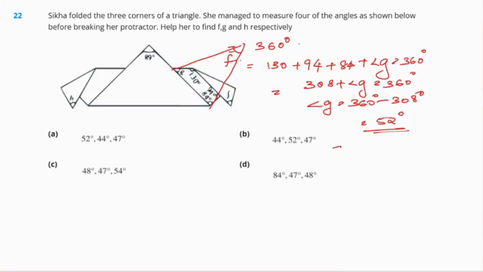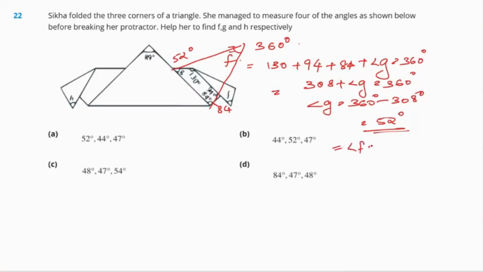In a triangle, the three angles of a triangle sum to 180 degree. If this is G, we have found that it is 52 degree. Another angle is 84 degree. The third angle, angle F, we can easily find out.